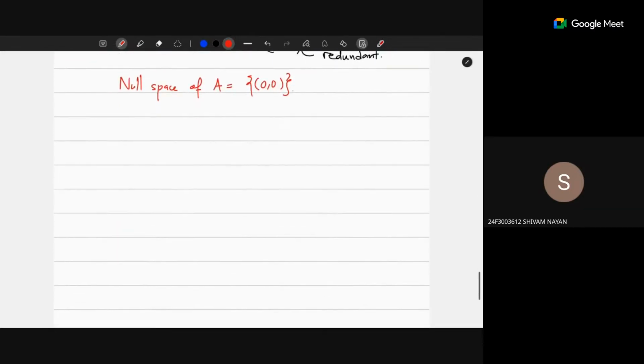So now let me write it more formally. Null space of a matrix A is nothing but the set of all vectors in Rn such that Ax is equal to 0, where x is a vector and Ax is equal to the 0 vector.